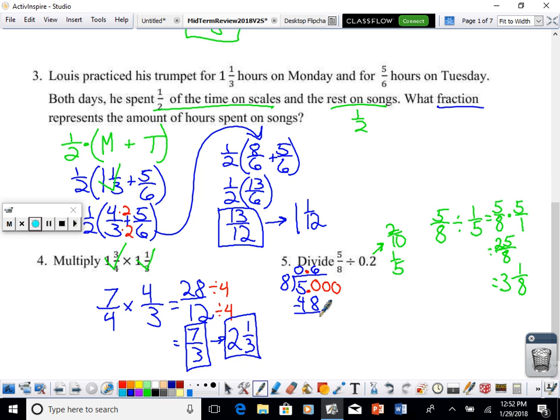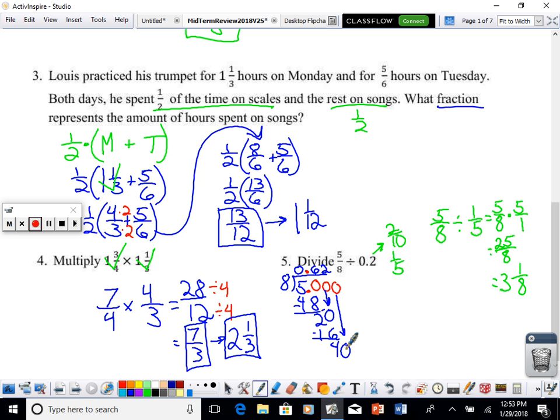So now I would need to do 5/8, which is 0.625, divided by 0.2. So if we change it all into decimals, now we're only halfway there. And that's fine. This method still works.